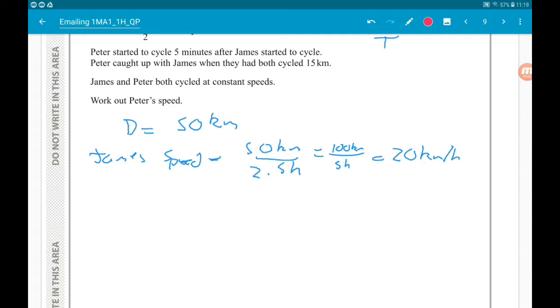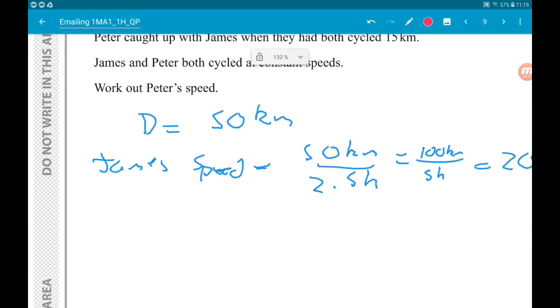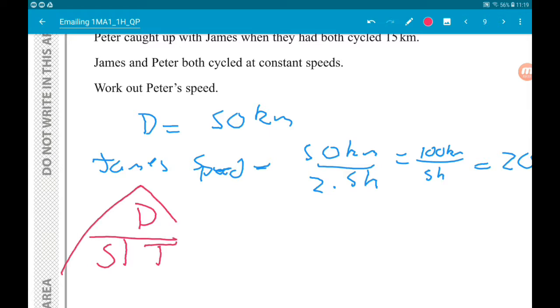So, speed is distance over time. If we want time, hopefully you've seen formula triangles. So here we would have S, D, T. Cover up the one that you want, and it leaves you with the formula.